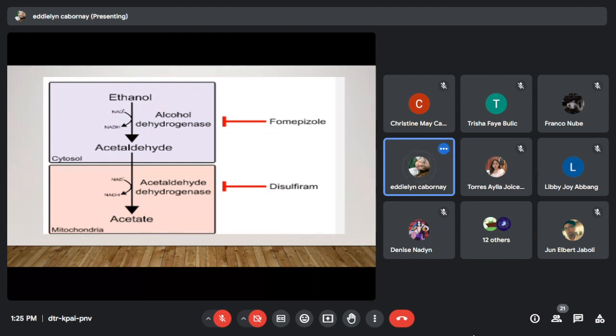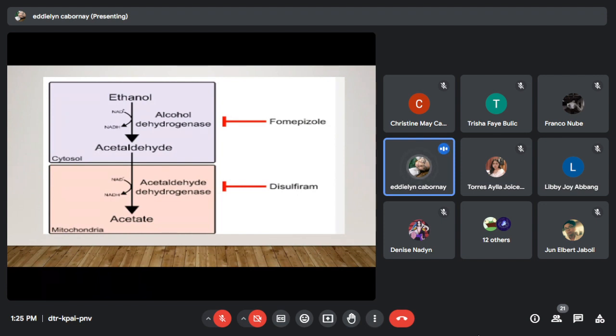Okay, so let's go to fomepizole. Fomepizole is the other antidote used for alcohol toxicity. It works by inhibiting the enzyme alcohol dehydrogenase, which is responsible for the metabolism of alcohol to toxic metabolites.